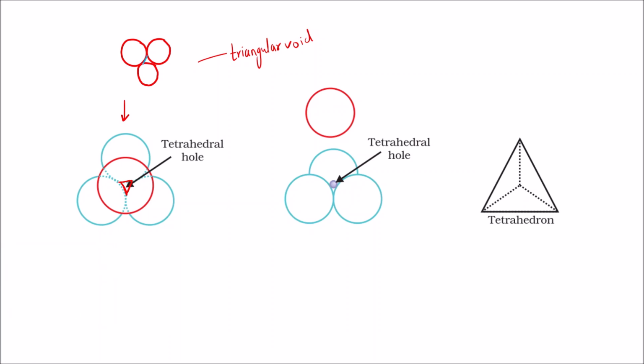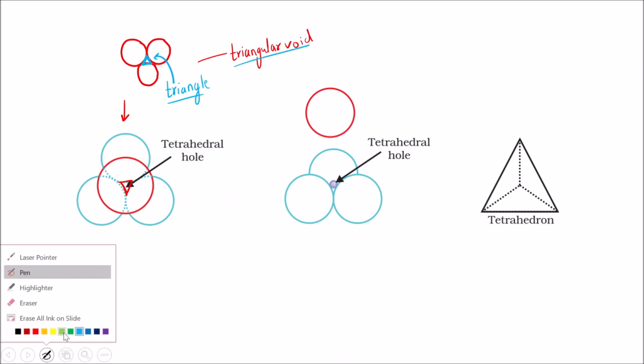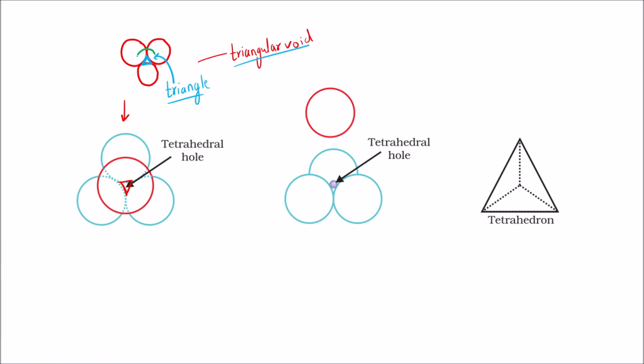The shape of the gap that is created is in the shape of a triangle, which is why it is called a triangular void. On top of this, if you place one more sphere, then you get a tetrahedral void.